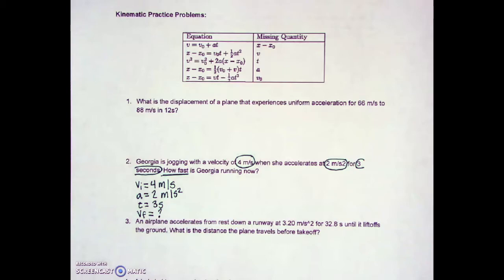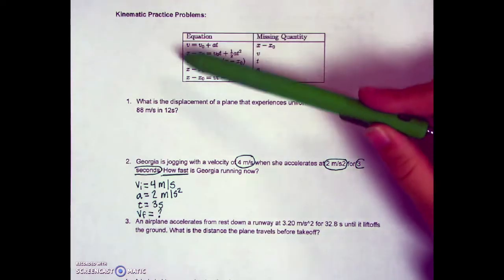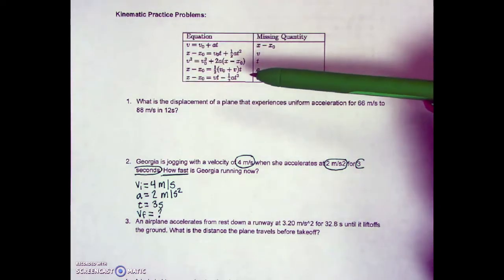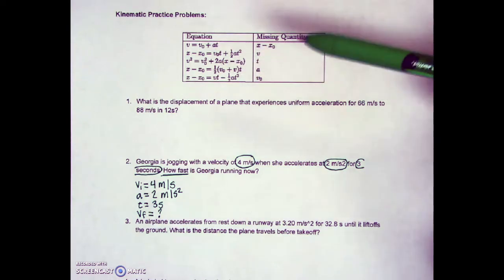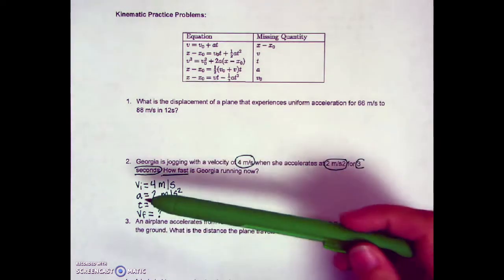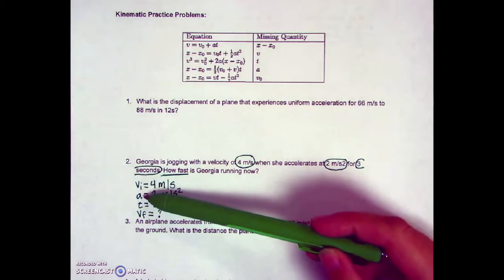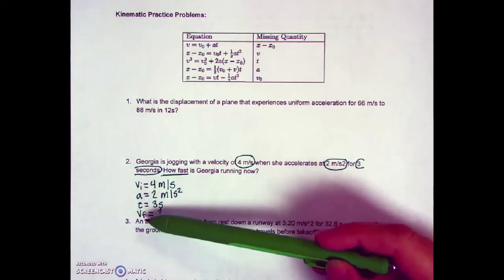Based on our kinematic equations, this is something new. We're still using all the same quantities we've talked about all year: velocity, acceleration, time, displacement, but we're now applying them in equations that show the relationship between all of these variables. So we need to pick an equation that uses VI, A, T, and VF.